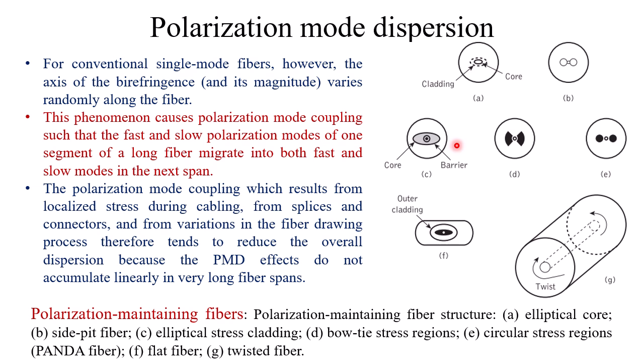Then bow tie stress region, and this type with circular stress regions is also called the panda fiber. And then flat fiber like this one, and twisted fiber, so we have some twist right here and right here. So various kinds of polarization maintaining fibers may be used to reduce this polarization mode dispersion.